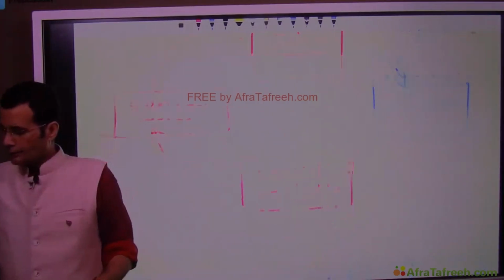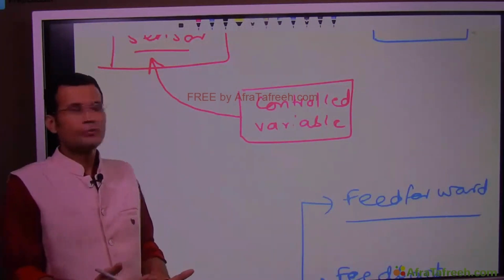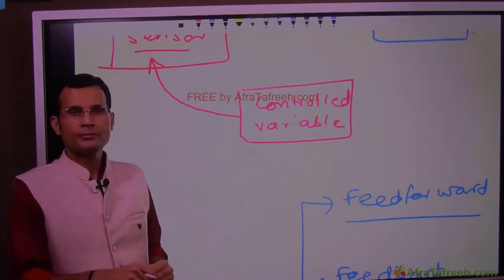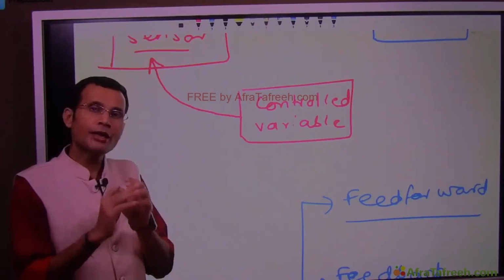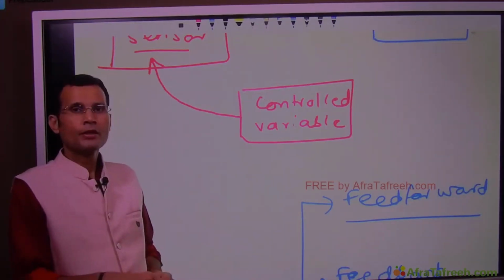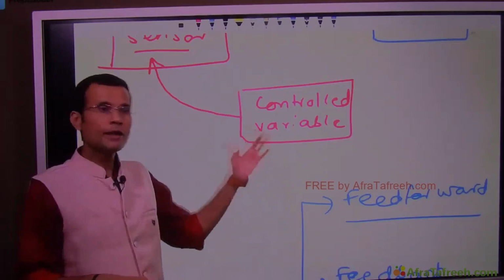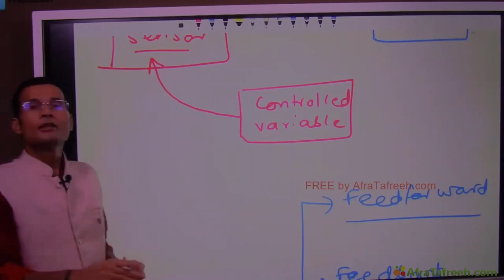On the other hand, if the controller anticipates that there is going to be a disturbance, and even before the disturbance actually happens, the controller takes the desired action, then it would be called feed forward. You understand?